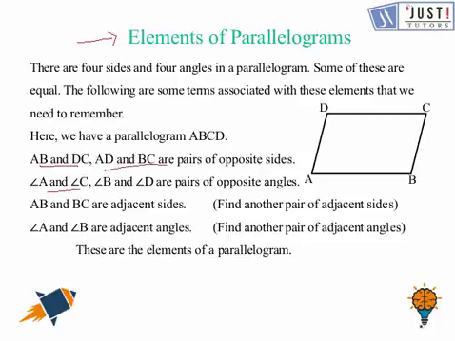Similarly, angle A and angle C are opposite, angle B and angle D are opposite. AB and BC are adjacent sides. Similarly, BC and CD are adjacent, CD and AD are adjacent, and DA and AB are adjacent. Angle A is adjacent to angle B. Similarly, we can find other pairs of adjacent angles as well. So these are the elements of a parallelogram.